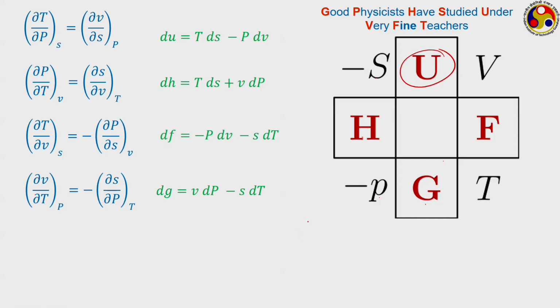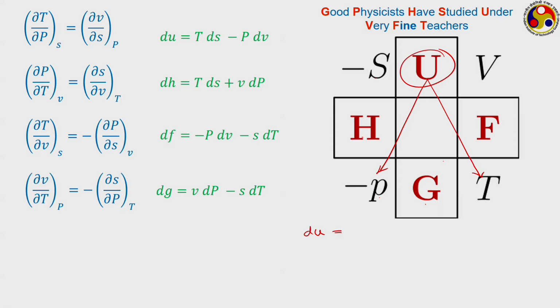To write the expression for the change in internal energy, we have to see the two corners opposite to that. Do not look at the two variables on either side of the U, look at the other two corners, that is this one and this one. These should be the coefficients of the expression.